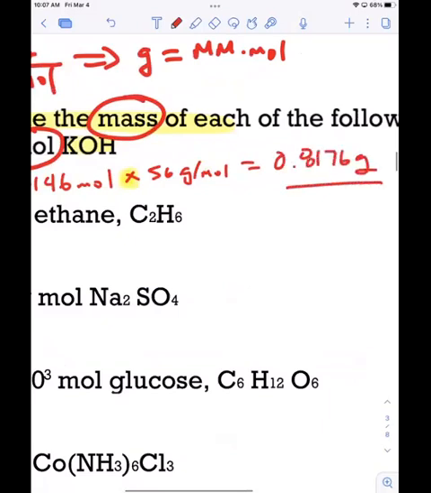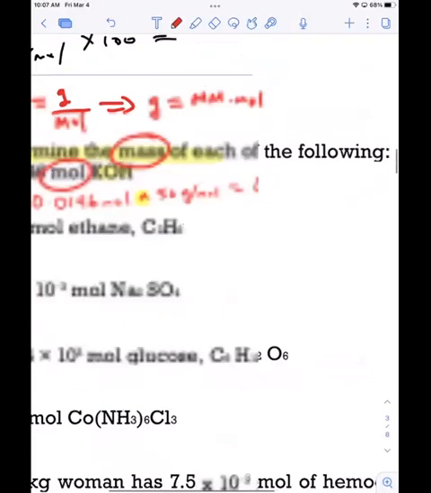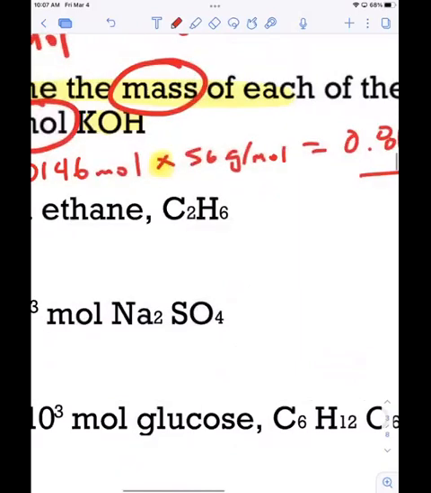Anybody got that? 0.8176 grams. Yeah, that's what I got. And see here, when you do grams, moles times molar mass, the moles cancel, because moles are in the denominator of molar mass.